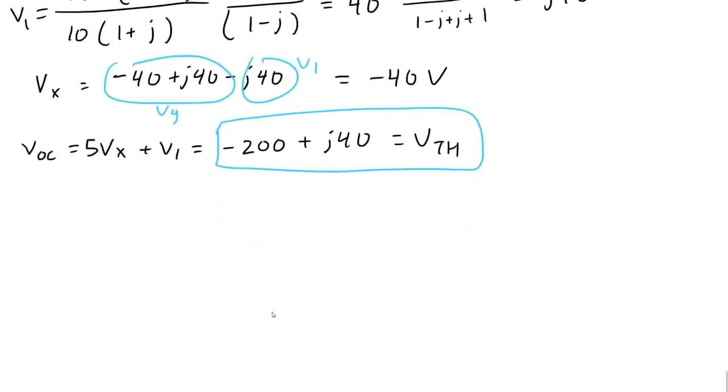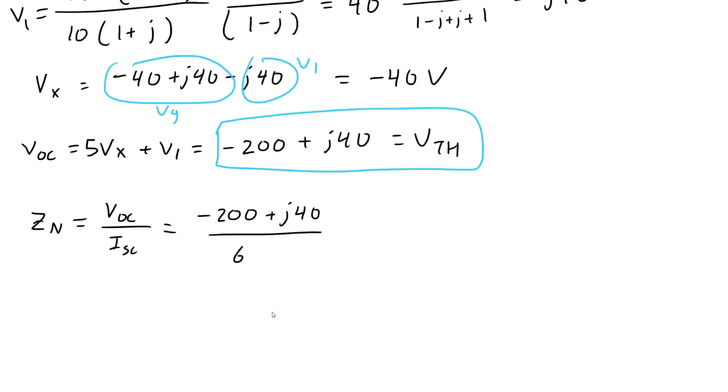Now we're going to go ahead and find Z Norton. So it's V open circuit over I short circuit, minus 200 plus j40 divided by 6 plus j4, 6 minus j4, we're just going to do the complex conjugate.